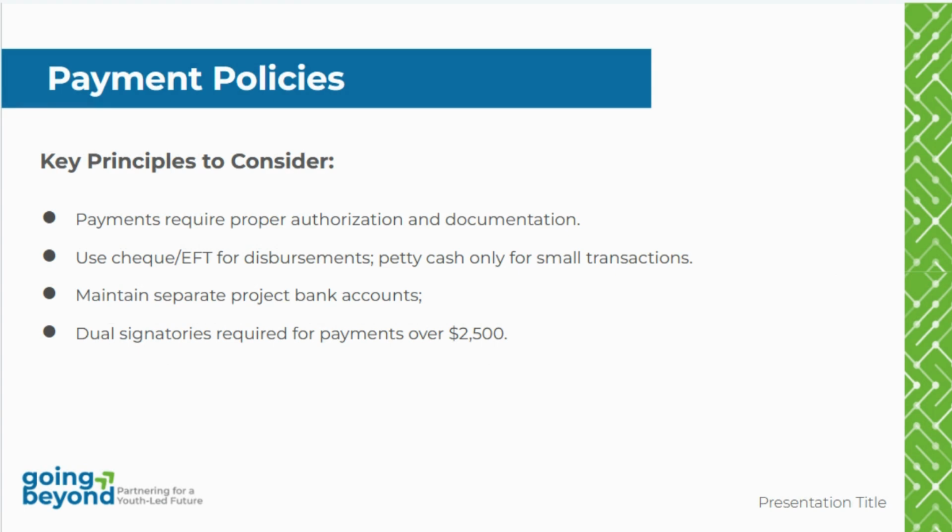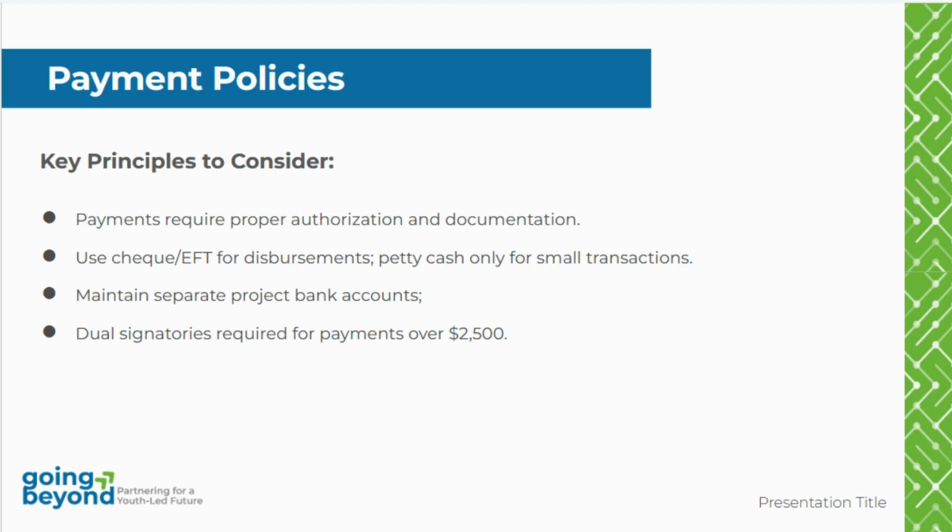Payment policies ensure all financial disbursements are accurate, authorized, and in compliance with approved budgets. Key principles include payments must have adequate supporting documents such as invoices, contracts, and requisition forms. These documents help verify the legitimacy of expenses. Checks and electronic funds transfers, EFTs, are preferred for disbursements to ensure traceability, while petty cash is reserved for minor expenses.